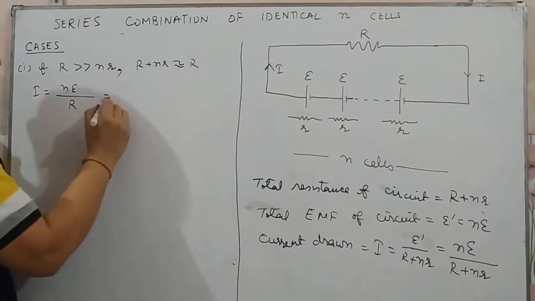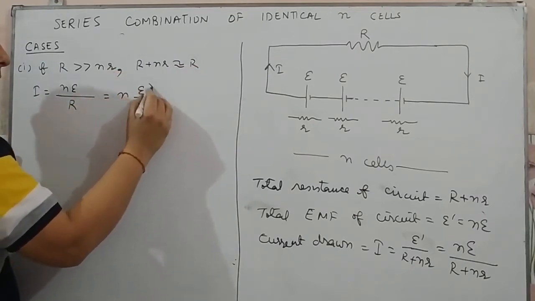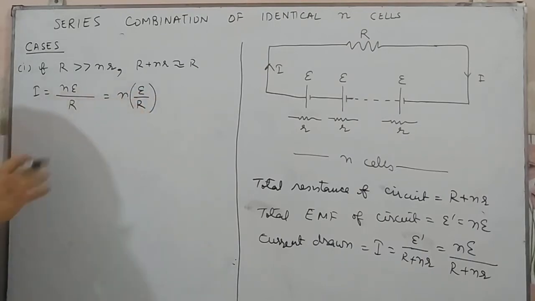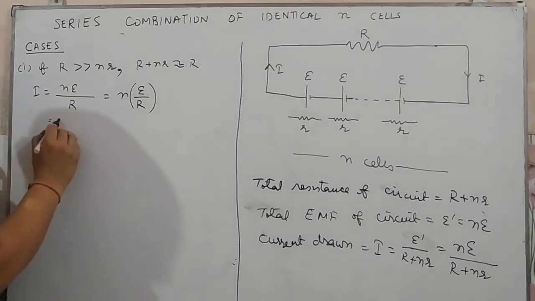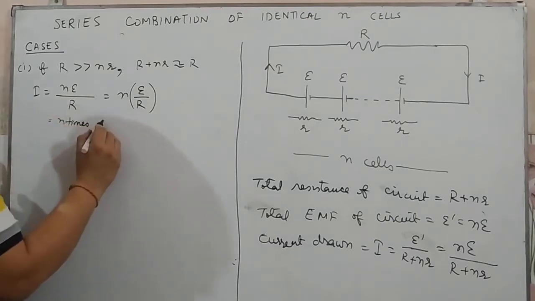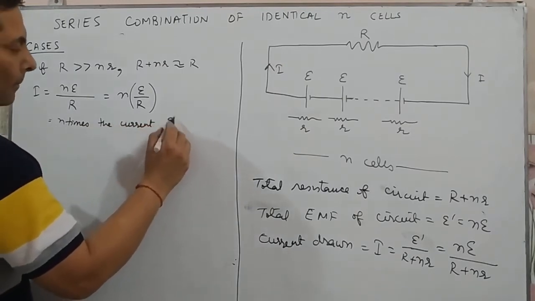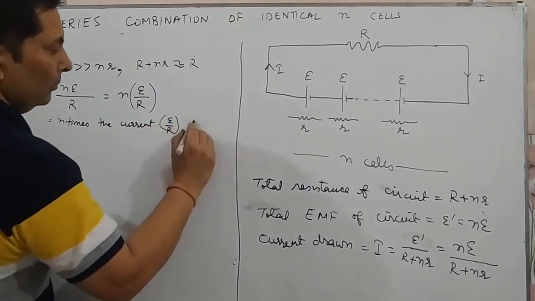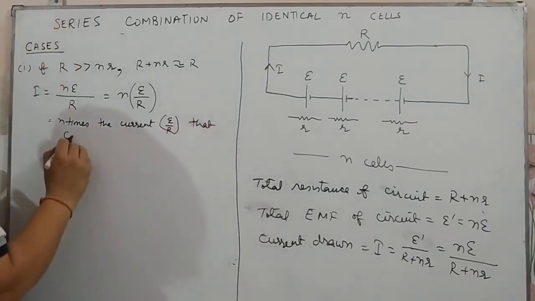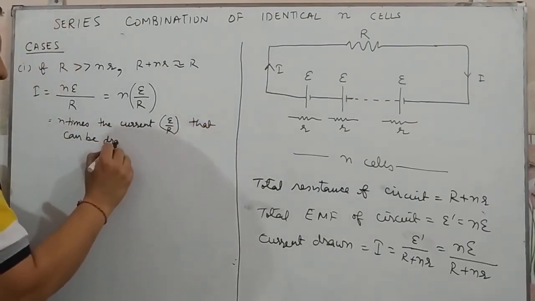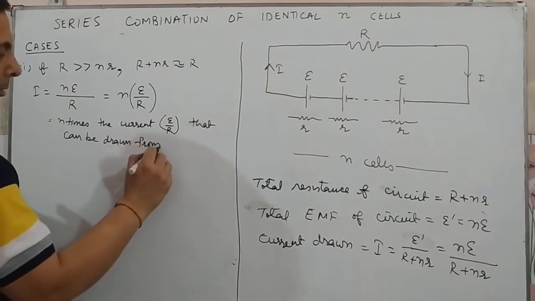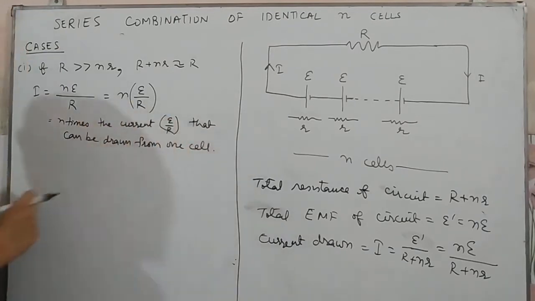So write here n times E upon R. This can be written as n times the current that can be drawn from one cell.